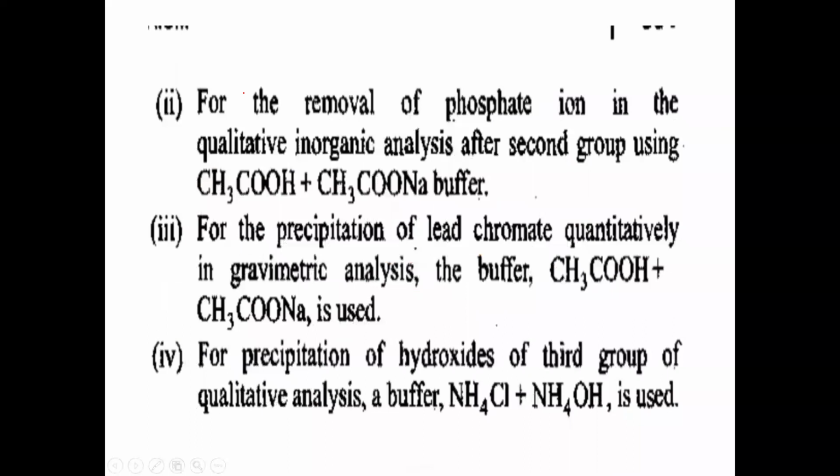Next topic. The second usage of buffer solutions is for the removal of phosphate ion. The phosphate ion formula is PO4 3-. For the removal of phosphate ions in qualitative inorganic analysis after the second group, we use an acetic acid plus sodium acetate buffer.